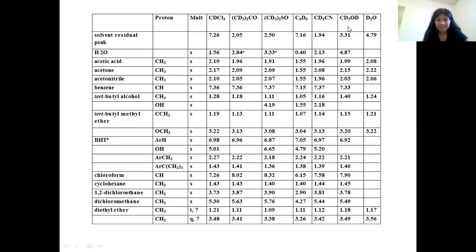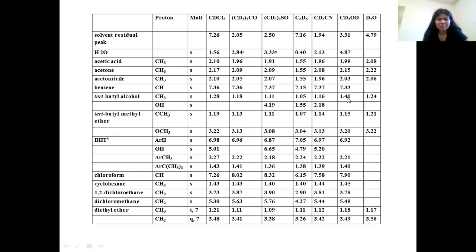And remember, for methanol D, if you have a water impurity, you will get a signal at 4.87, and its multiplicity is singlet. If you have acetic acid, it will be 1.99, that is also a singlet. Like this, these are for all the solvents. Like for tertiary butyl alcohol, there will be two types of protons, CH3 and OH.